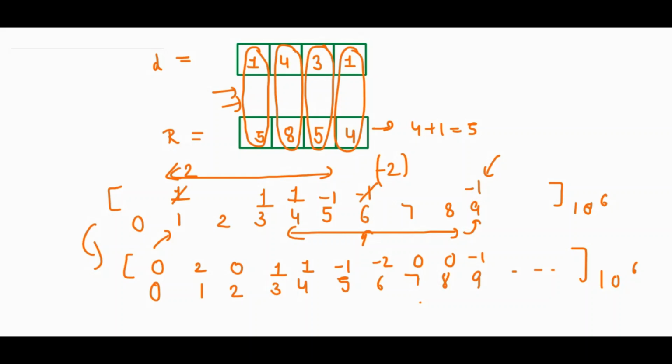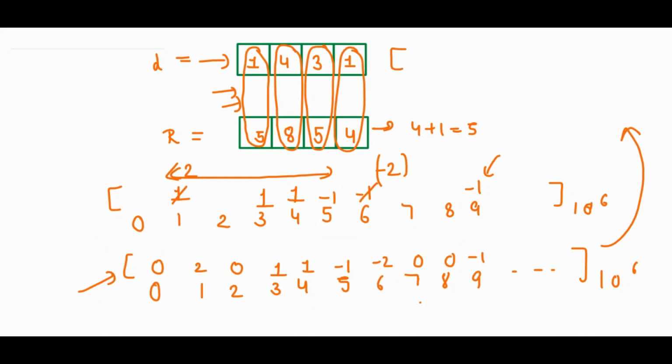The thing here is, what we will do with this array is find the prefix sum. Prefix sum is the sum till that element.